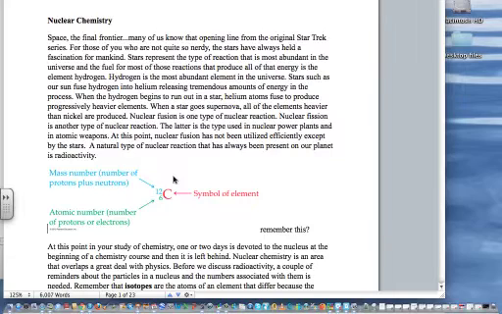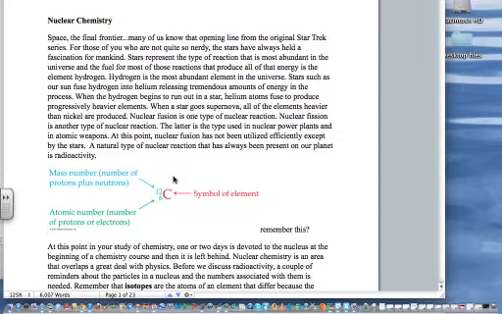fuses hydrogen nuclei together in a nuclear fusion reaction, and the fusing of those two light nuclei produces a tremendous amount of energy. The most abundant element in the universe is hydrogen, and once all the hydrogen has been used up in a star, then it starts fusing helium together to form nuclei that are heavier and heavier, up to about, I think it's nickel.